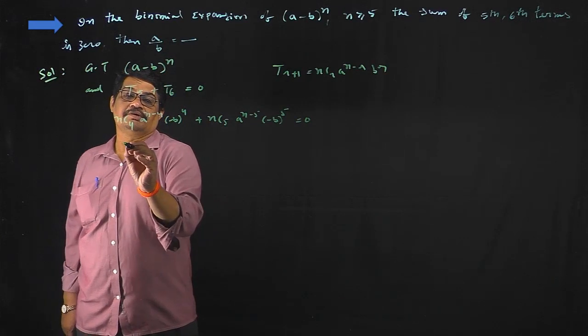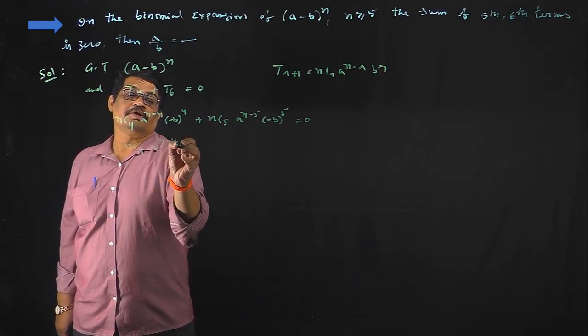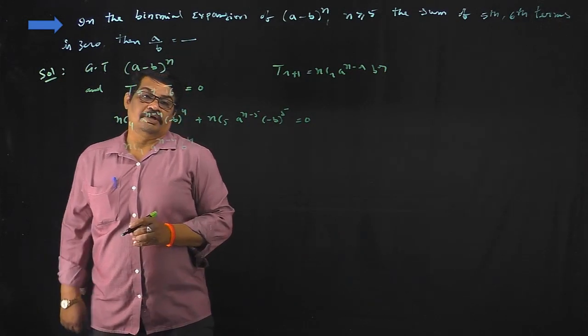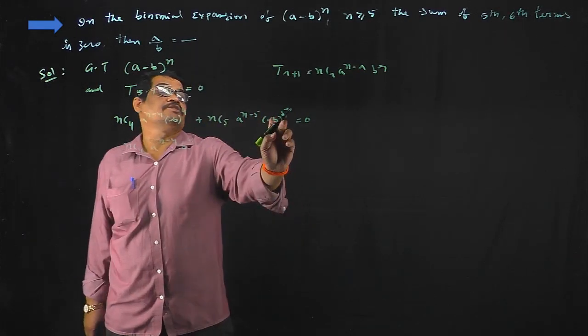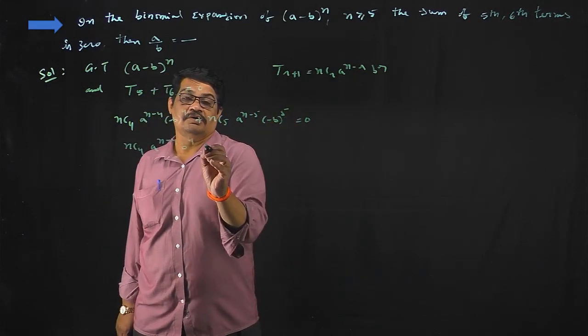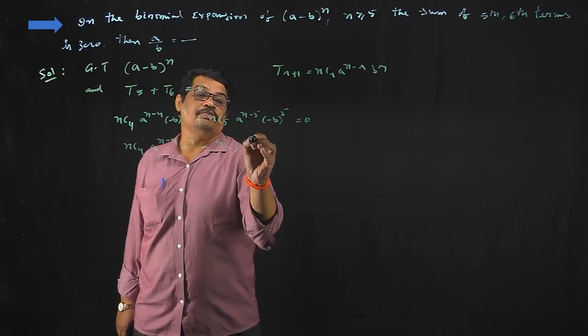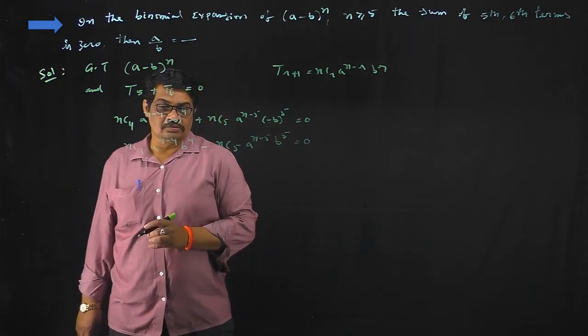That is nC4 a to the power of n minus 4 b to the power of 4. Here if the power is even, then we get positive. Here minus b to the power of 5, the power is odd, so we get minus nC5 a to the power of n minus 5 b to the power of 5 is equal to 0.